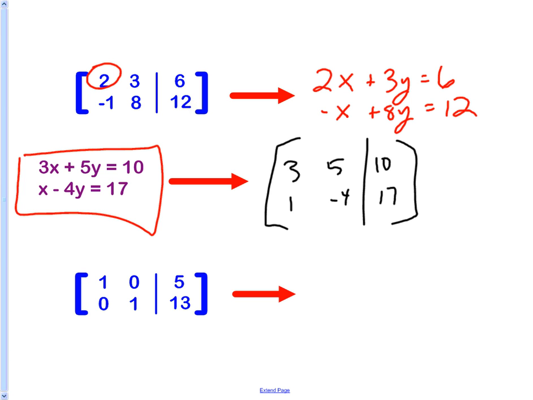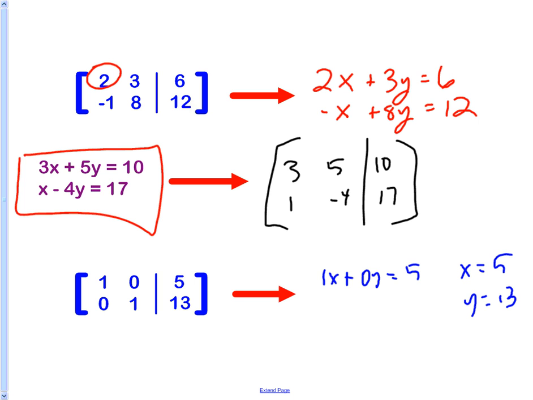So technically I should be writing 1 what? 1x plus 0y equals 5. Why is that so important? Because it's just x equals 5. And what does the other one just mean then? Skip over the boring part. Y equals 13. Good.